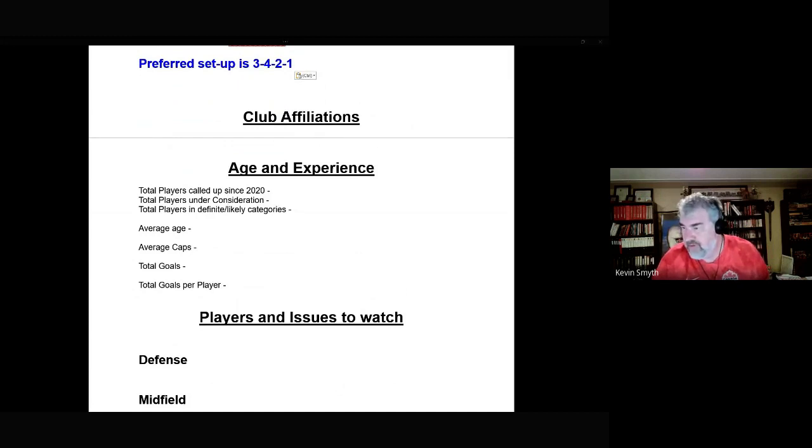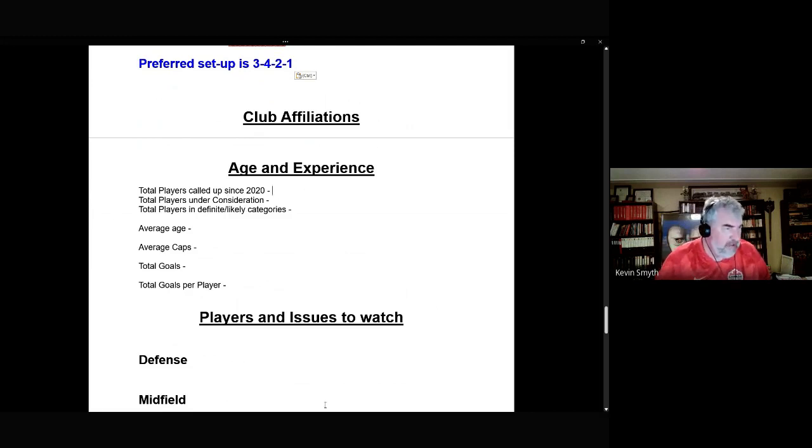Okay, well, if you've listened to other podcasts, you'll know I'm running some statistics on the teams as we go through them. So one of the things we've been looking at is how many players have been called up since 2020, or how many players are on the table for Denmark to be dealing with.